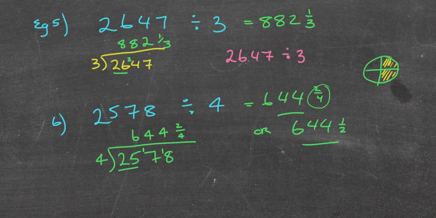I'd have an imaginary one and say, well, 3 goes into 2 0 times, 3 goes into 26 8 times, because 8 3s are 24 with 2 left over. 3 goes into 24 8 times, 3 goes into 7 2 times with 1 left over, 1 over 3. And I got my answer. It's not much quicker, but it just means I'm not writing out that long division thing each time.